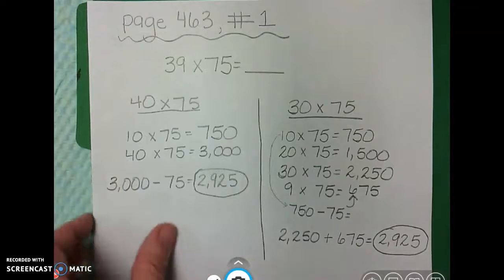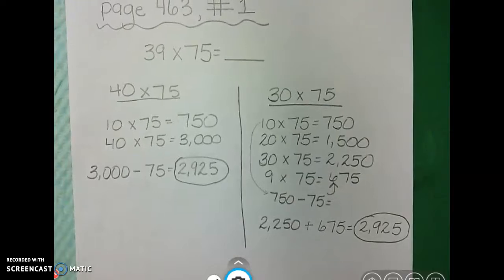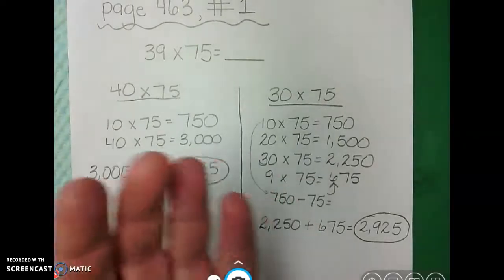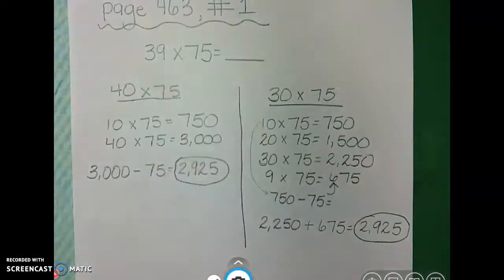Now let's look at another strategy. Maybe I said, what if I wanted to start this problem with 30 times 75? Again, you say, wait, the problem is not 30 times 75, it's 39 times 75. But let's see if we can still get the same answer.